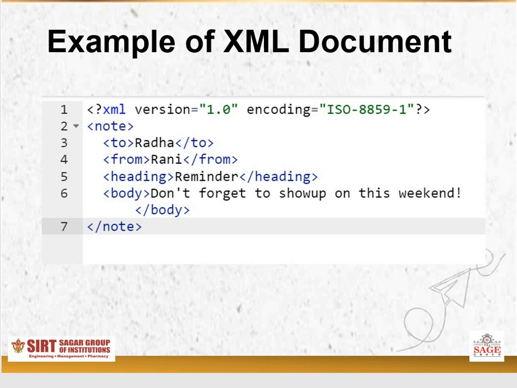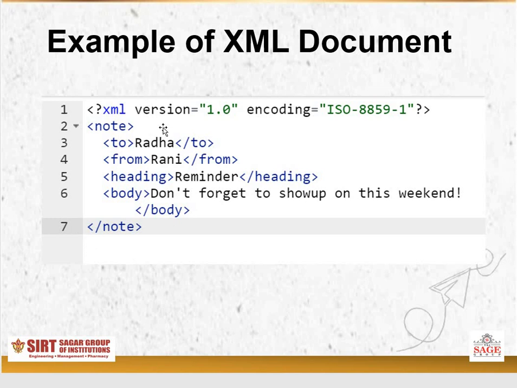So this is a basic example of an XML document, as we have discussed about the XML declaration. The XML declaration is given here in the proper manner which we have already discussed: XML version 1.0, then the encoding is specified. Now note is a user-defined tag that has a corresponding end tag also. To, from is another tag, heading is another tag, and body is another tag.